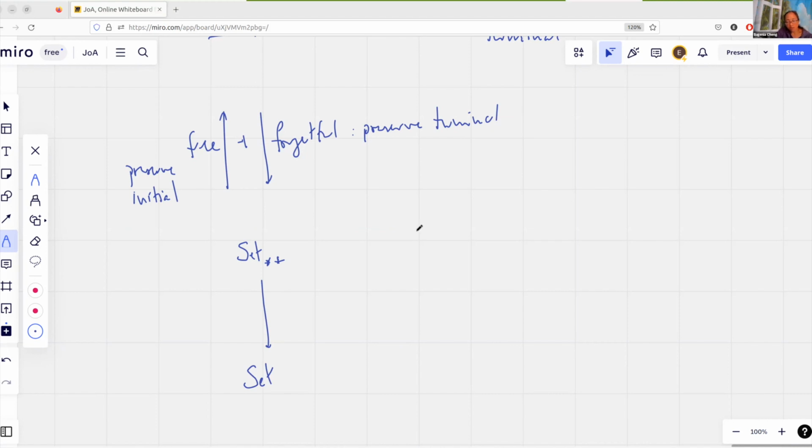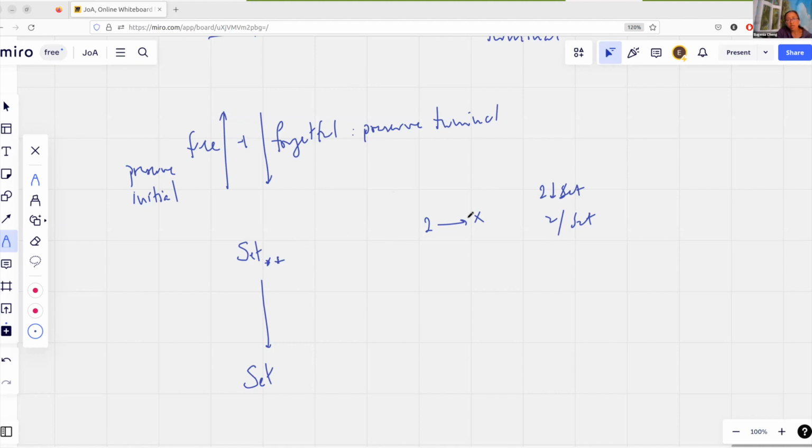I haven't done slice categories, but if you've heard of slice categories, it's essentially the category of functions from a two-element set into another set. I can't remember how you write it, my brain's gone blank. Is it two down to set? Or is it two over set? Maybe it's two over set. Anyway, you can just think of it as sets with two chosen base points.